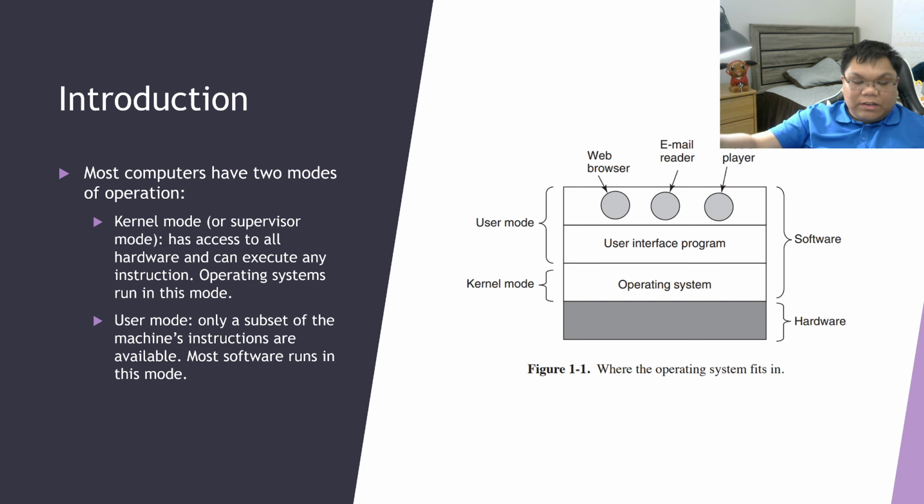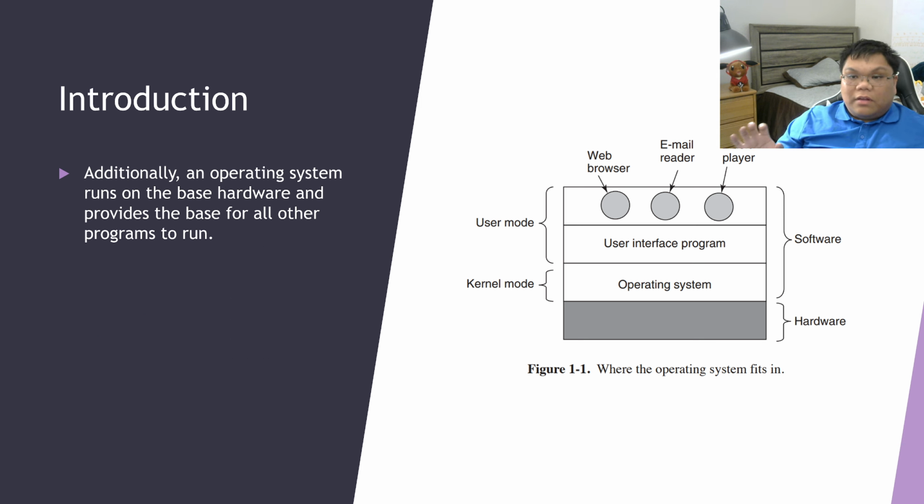After that is user mode, where only a small subset of the machine's instructions are available, and most software runs in this mode. Because what good does giving Notepad access to a microphone, for example? So we have kernel mode and user mode.